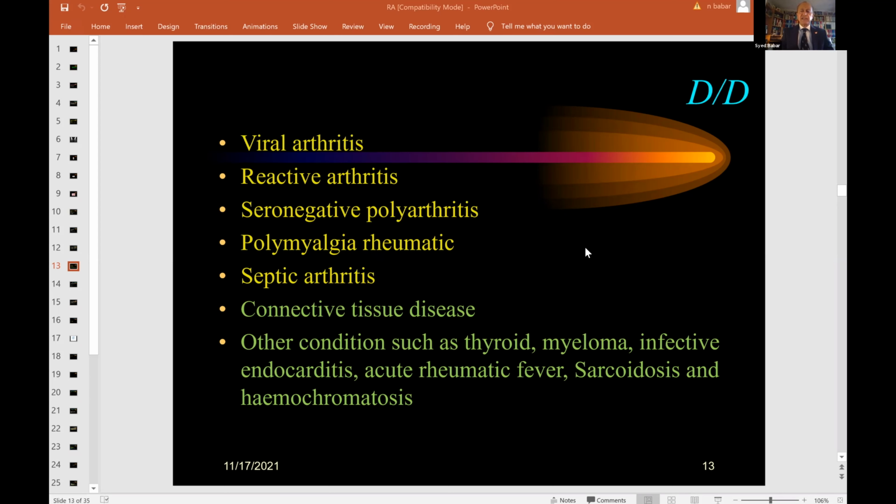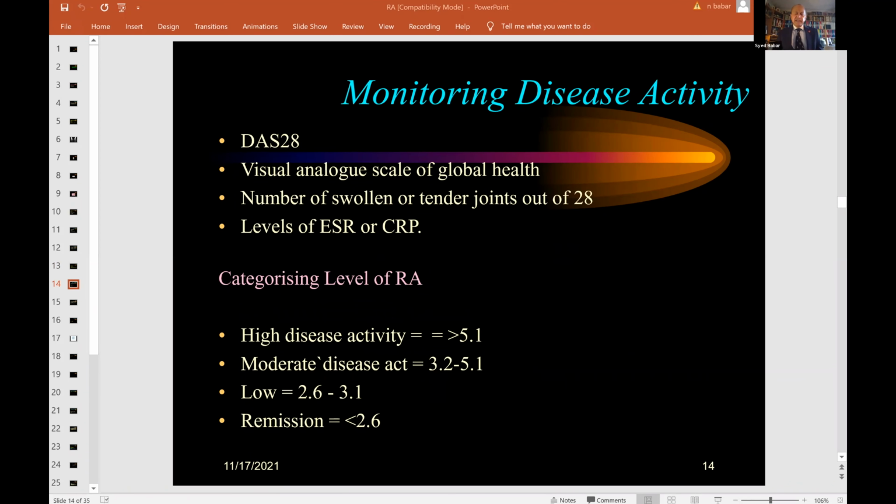This is a big list of differential diagnosis. So we come back again to what parameters of symptoms and tests do we rely on in making the diagnosis of rheumatoid arthritis.